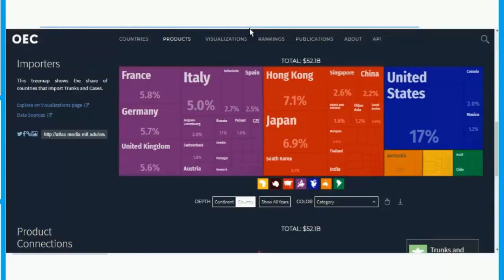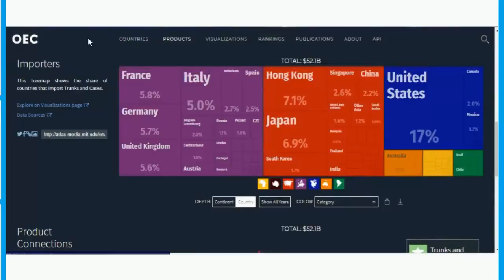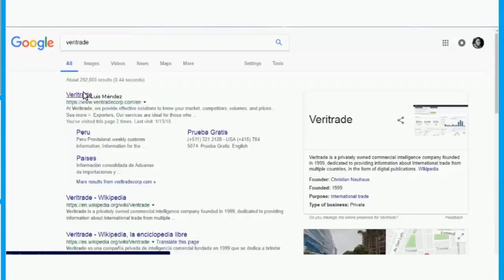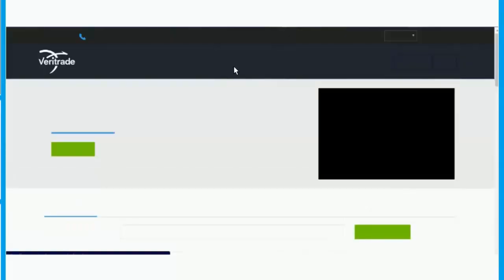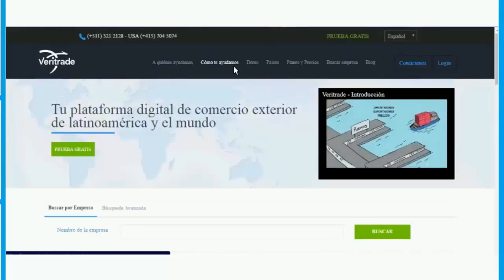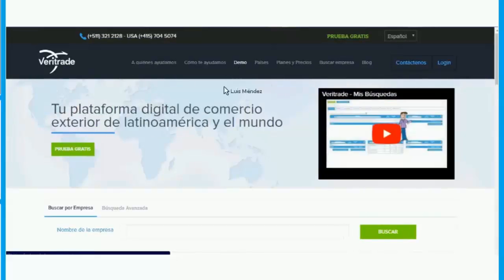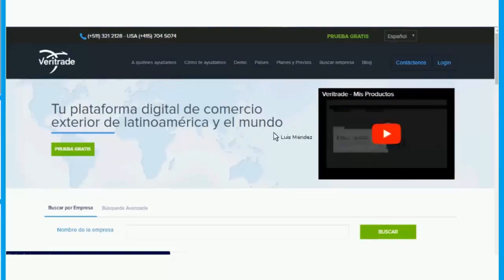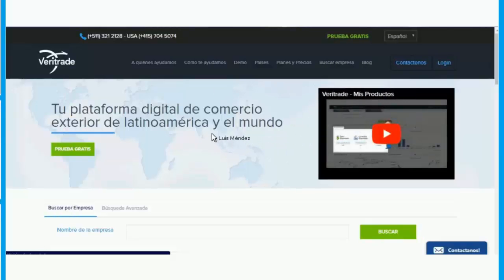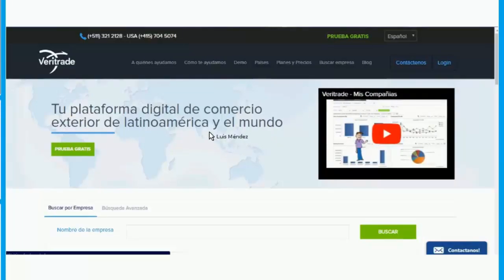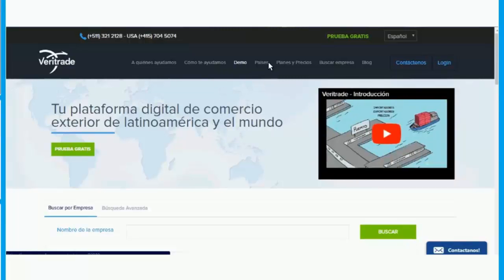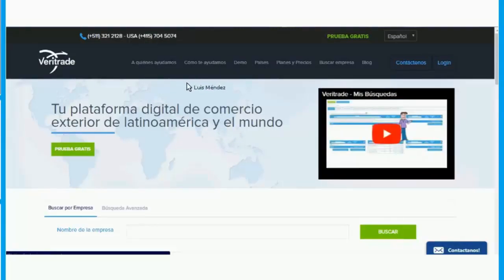Another one is VeriTrade. I don't know if you have heard about VeriTrade. VeriTrade is also a business intelligence web page. They are specialized in custom information. It is going to cost you money, but they have an option to have it for free.